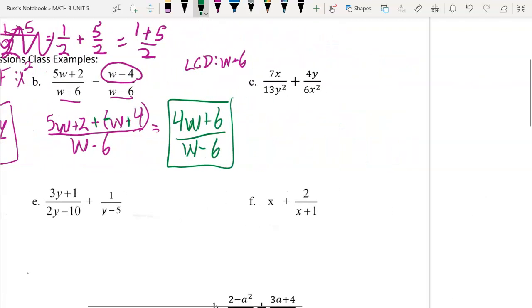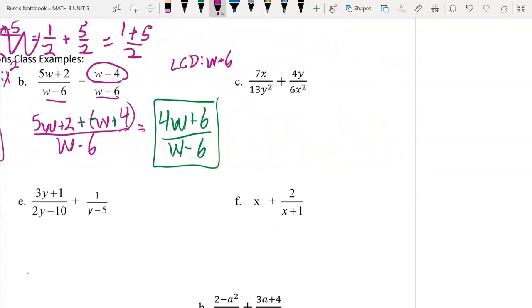Okay? Now, when we get to C, it gets a little tougher. In C, you don't have the same things in the denominator. So let's look at 13 and 6. We have to break those numbers down. Do they have any common factors? The answer is no. If they don't have any common factors, we're just going to multiply those two numbers together.